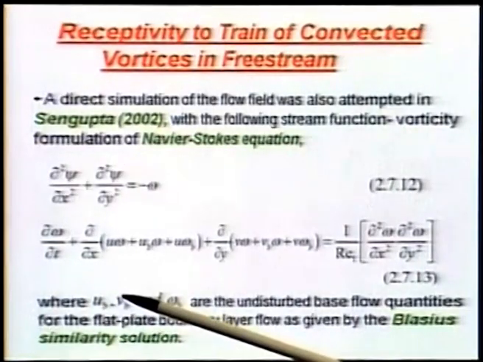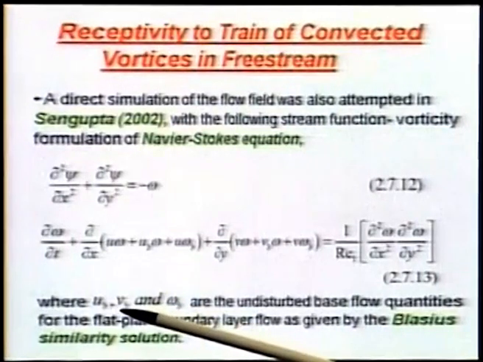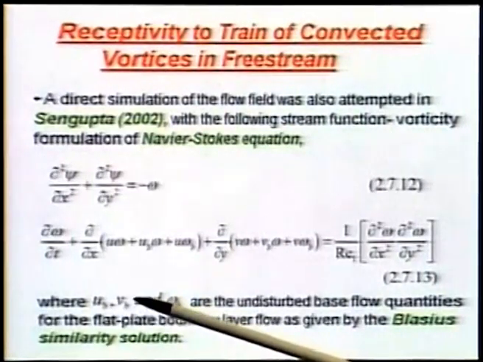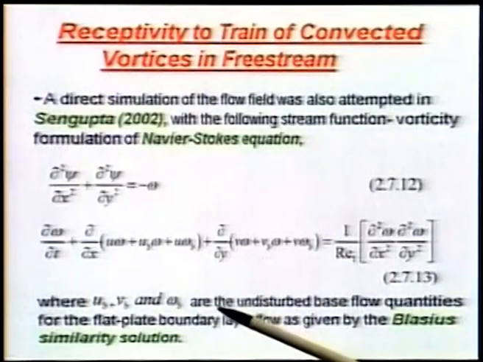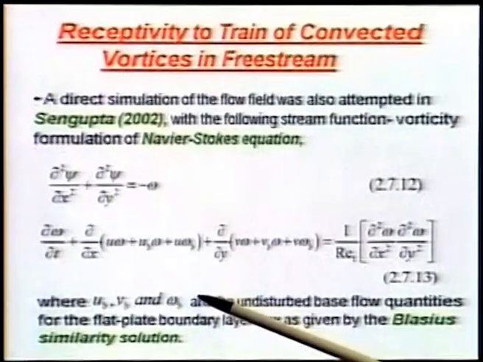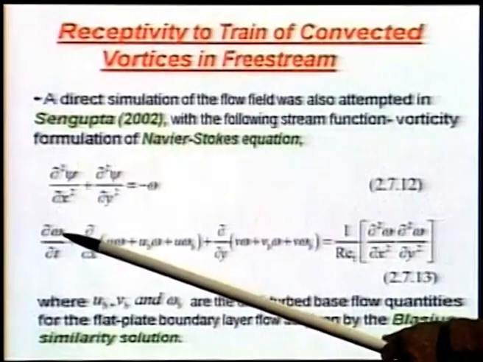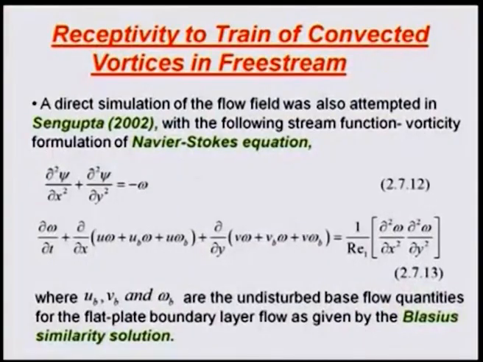So ub is the streamwise velocity of the basic flow or the equilibrium flow. Vb is the wall normal component of the basic flow, and omega b is the equilibrium vorticity distribution. So this omega that you are seeing here is nothing but your disturbance vorticity without any subscript, and this psi is also without any subscript. So that is also your disturbance stream function.